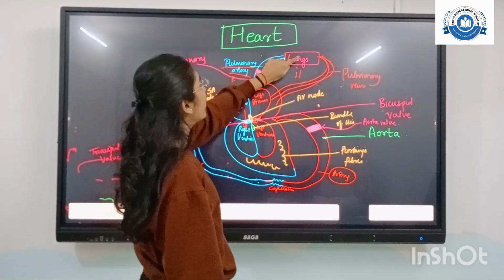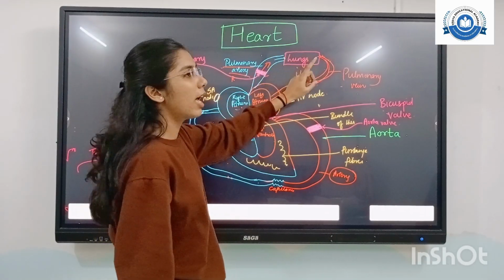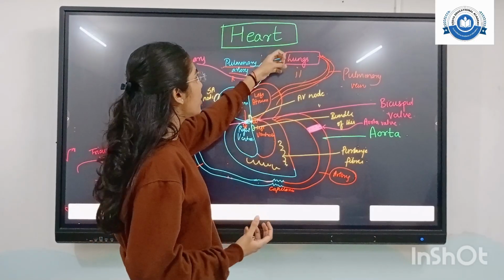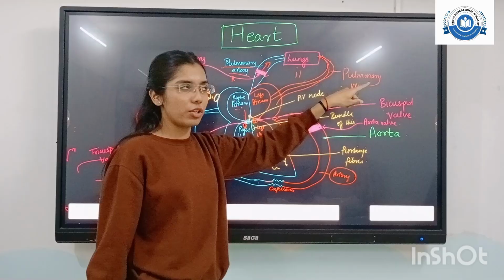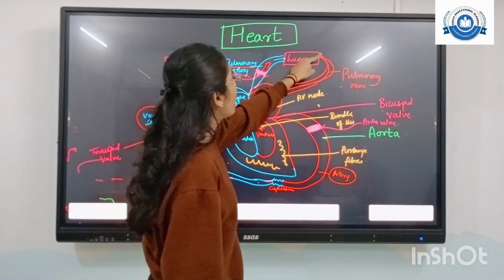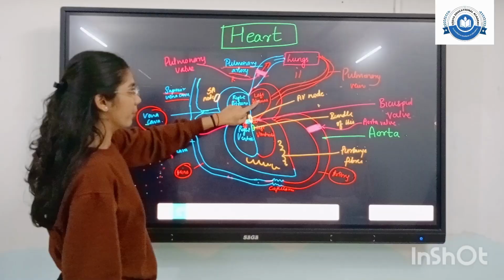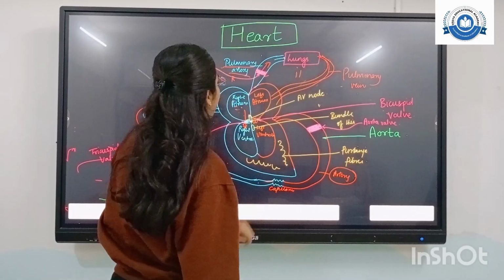After going to the lungs, the blood gets oxygenated, because the lungs have the ability to take oxygen. So oxygen is taken from the lungs by this blood and it gets oxygenated. After that it goes through the pulmonary veins into the left atrium. So from here the blood goes into the left atrium.